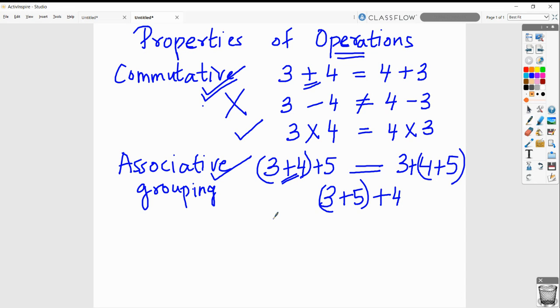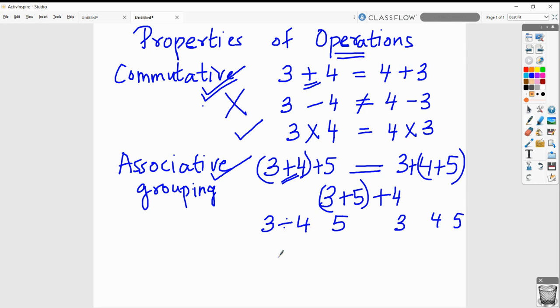Now let us see whether division will work for associative. Let me take the same numbers, okay? 3, 4 and 5. Now I'm going to do a different kind of grouping.